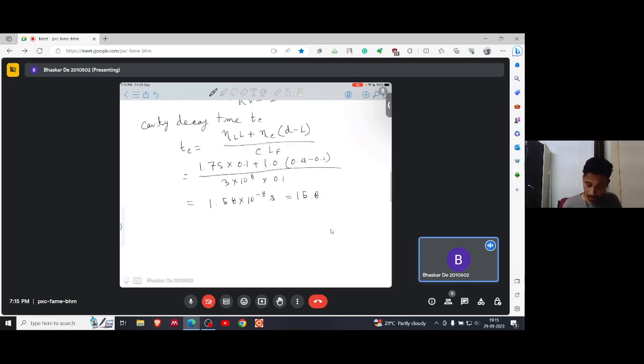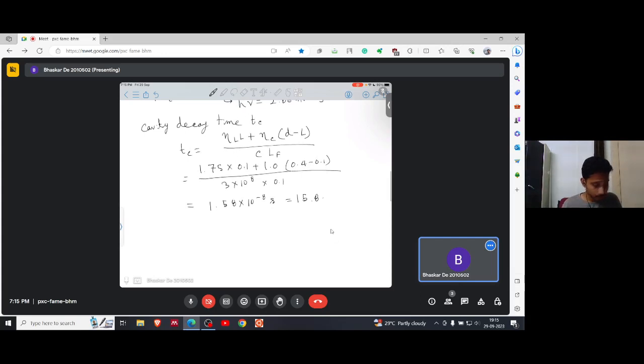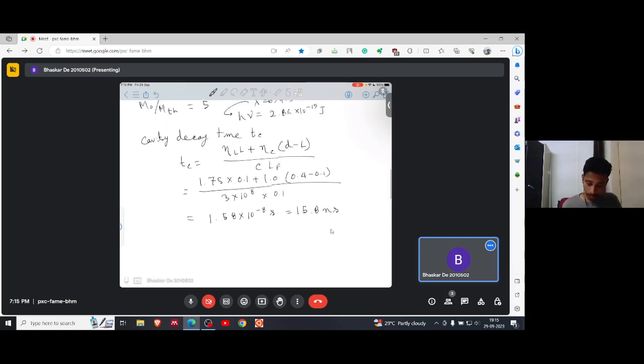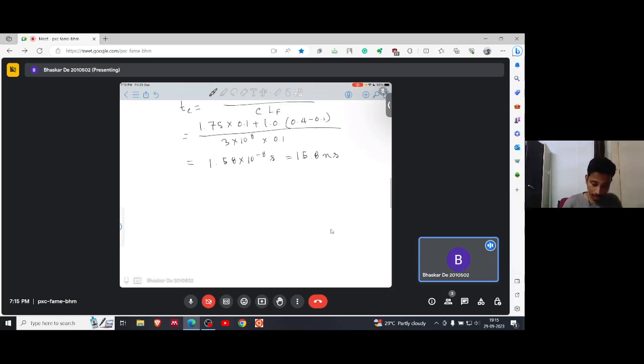So this is 15.8 nanosecond. So this is the value of Tc. Now we'll get back to the calculation of Pmax.